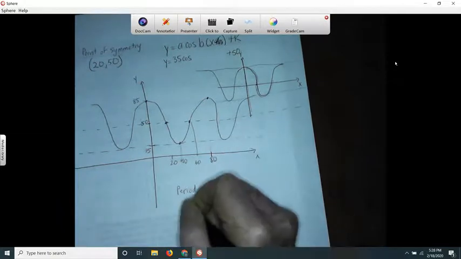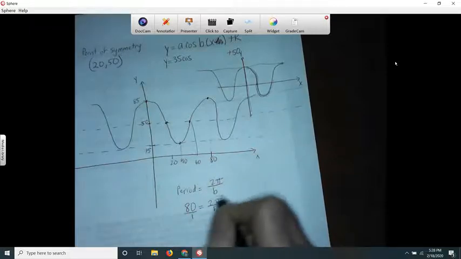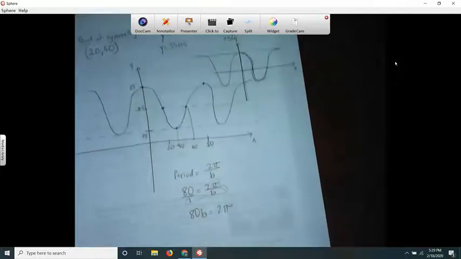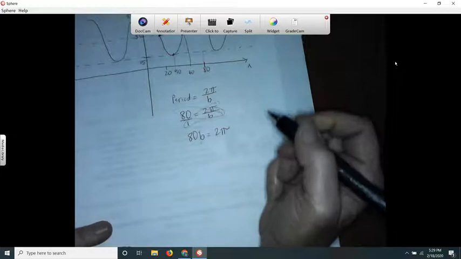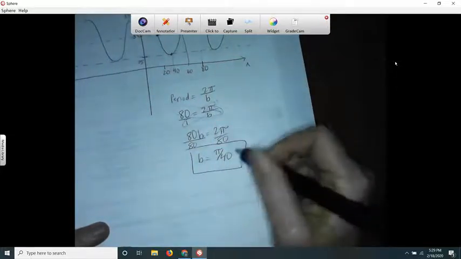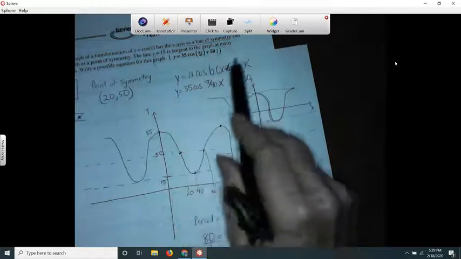I got 80. 80 equals 2 pi over B, and then if I cross multiply, I can figure out B. So there's B, and I'm going to put that in for B times x. And then remember, I don't have a minus H. So it actually does make sense. We got the same answer that they got.